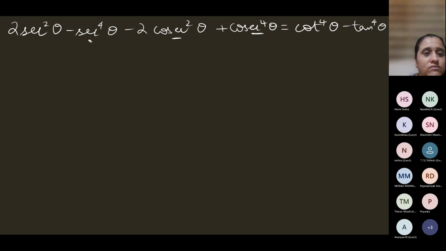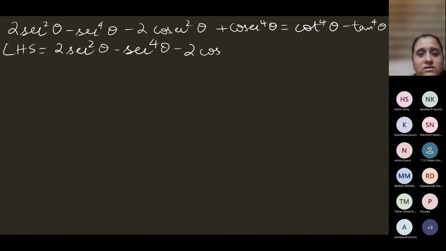So with this idea, let's get started. LHS is equal to, first let me write it as it is. Then we'll consider the signs and then rearrange. See, you cannot change the signs throughout because it's an expression.